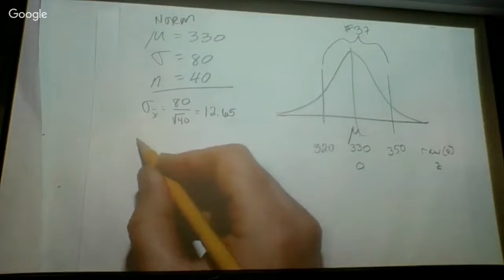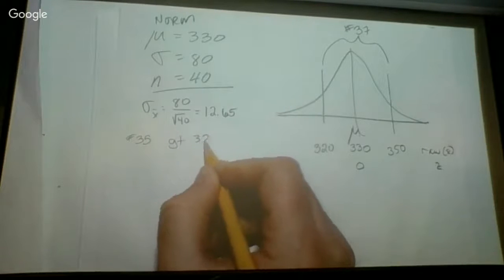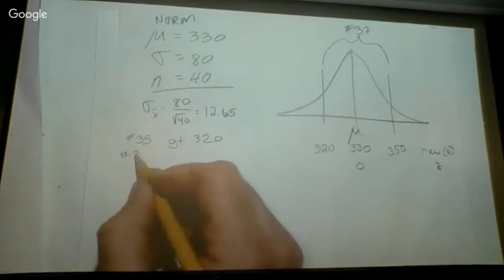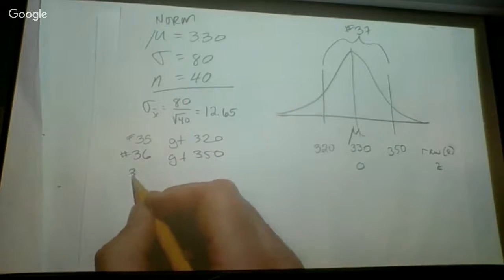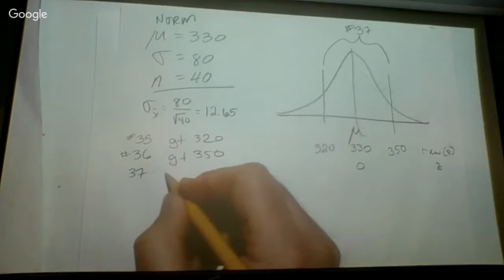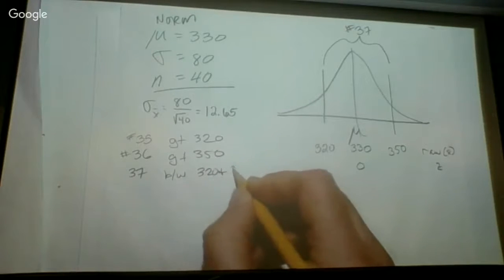So for 35, we're saying greater than 320. For 36, we're saying greater than 350. And for 37, we're saying between 320 and 350.